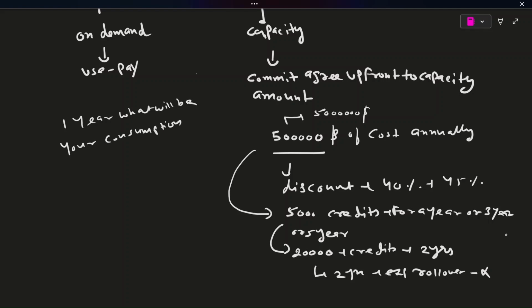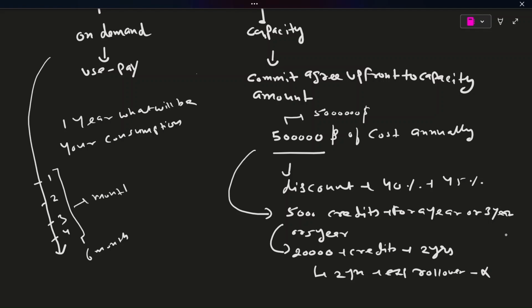So the best is to start with on demand. 1 month, 2 months, 3 months, 4 months. After 4 or 5 or 6 months, you will come to know how much monthly billing I am getting.